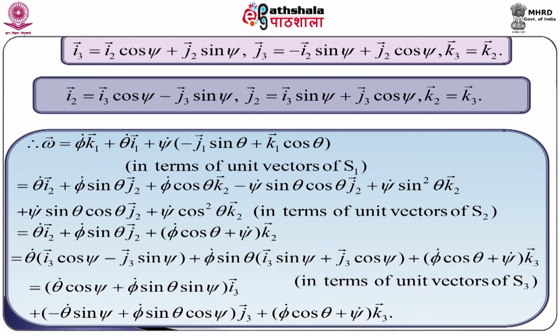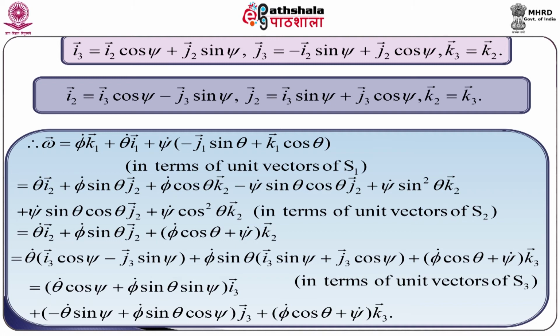Therefore, omega vector equal to phi dot K1 plus theta dot I1 vector plus psi dot into this vector. In terms of unit vectors of S1, we have substituted the value in terms of the unit vectors of S1.